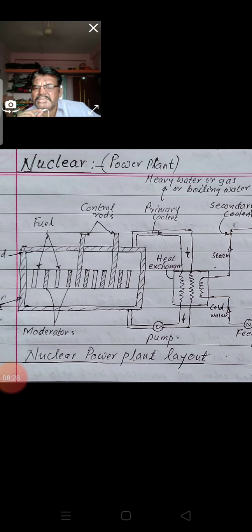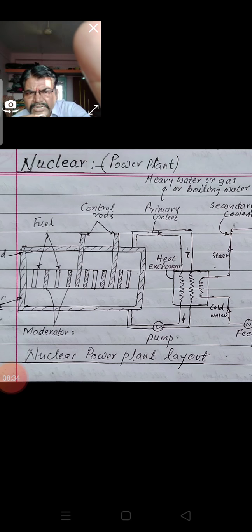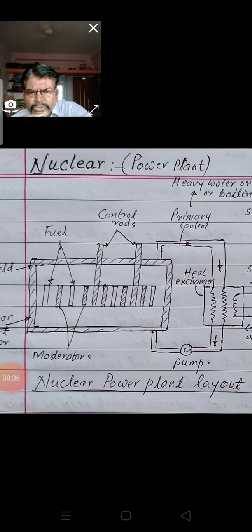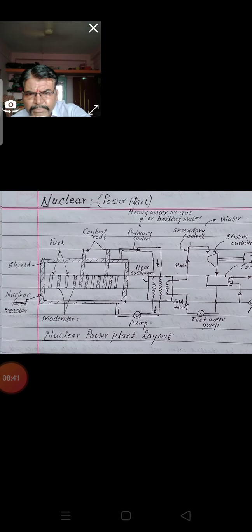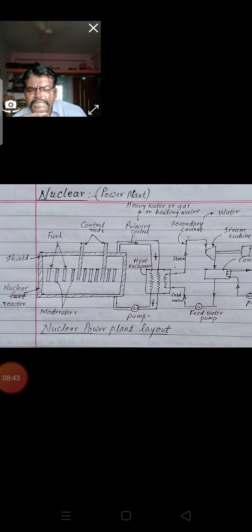In this nuclear power plant, if you see the diagram clearly and compare it to the steam power plant, instead of the boiler, the equipment connected is the nuclear reactor.